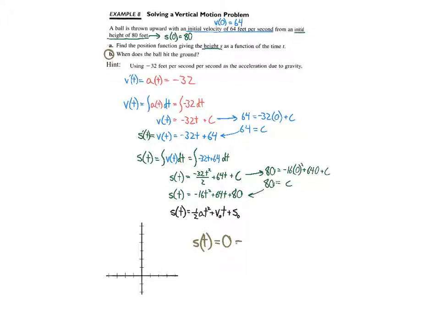So that's the negative 16t squared plus 64t plus 80. I'm going to go ahead and divide everything by negative 16, because that'll still be 0. That'll be t squared minus 4t minus 5. And then I can factor that pretty easily. t minus 5, t plus 1.